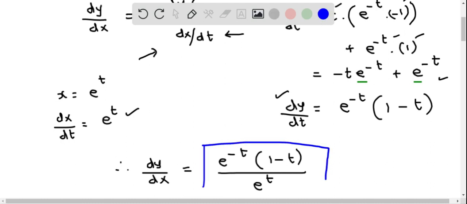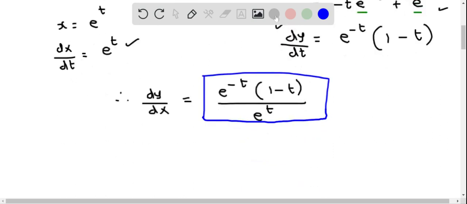We can write this in different forms by combining this e power negative t with the e power t in the denominator. So we will have 1 minus t divided by e power t times, if we put this e power negative t in the denominator, it will be e power t.